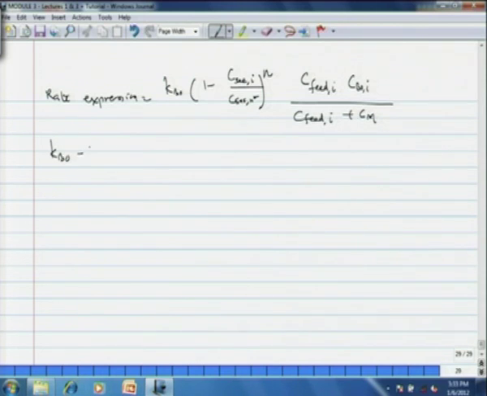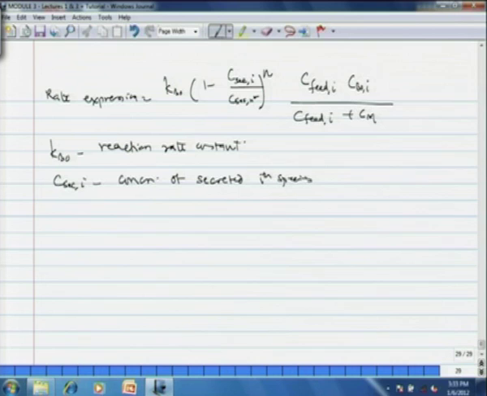K_BO, as I said, is a reaction rate constant. C_SEC,i is the concentration of secreted or product species, the ith product species. Then C_feed,i is the concentration of feed species.